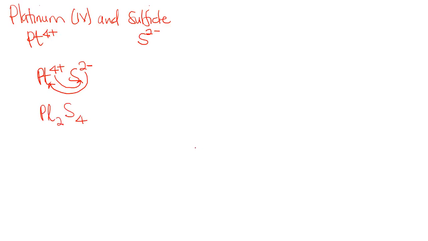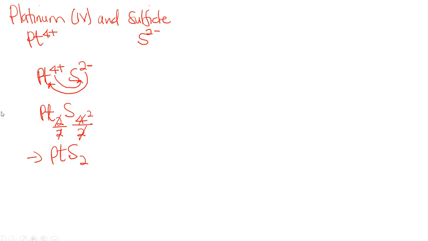But then after that, 2 goes into both of them, so you divide this one by 2 and also this one by 2. This one becomes 1, this one becomes 2. So in the end, you are going to have Pt and S2.